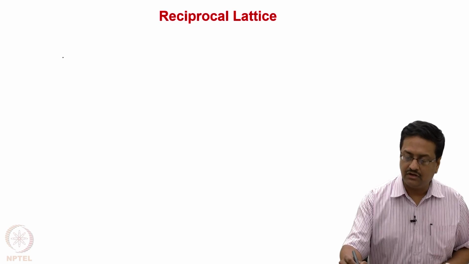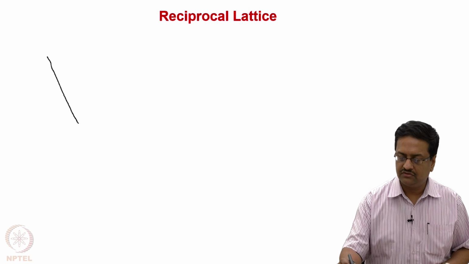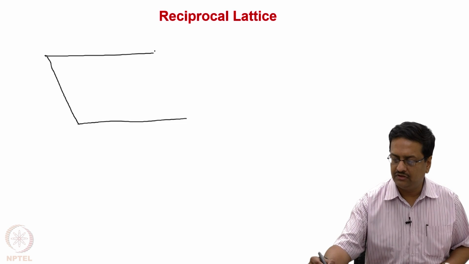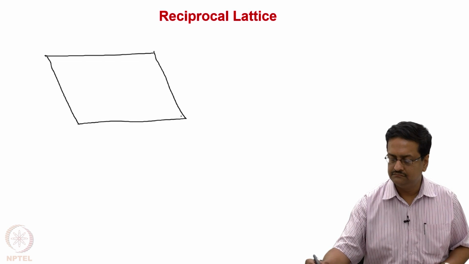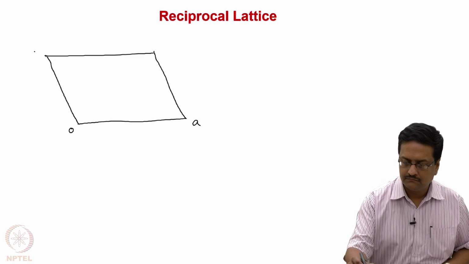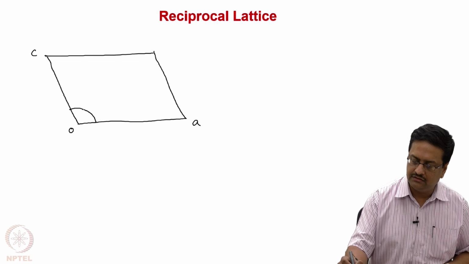As you know, for a monoclinic lattice, the angle between A and C is not 90 and this is called beta. So, I am drawing the AC plane of a monoclinic unit cell. So, this angle is beta.